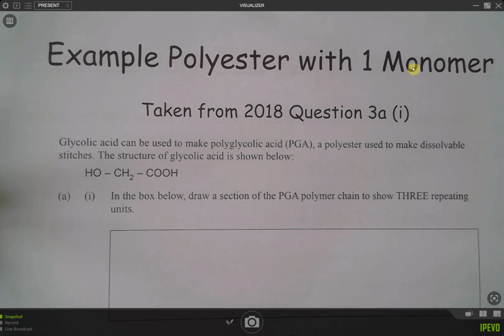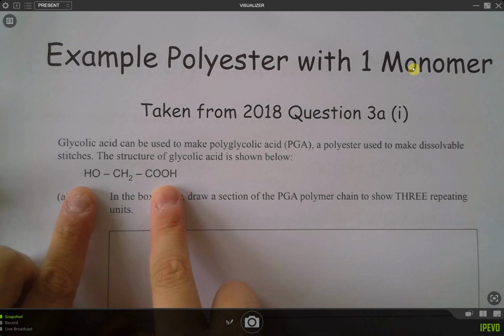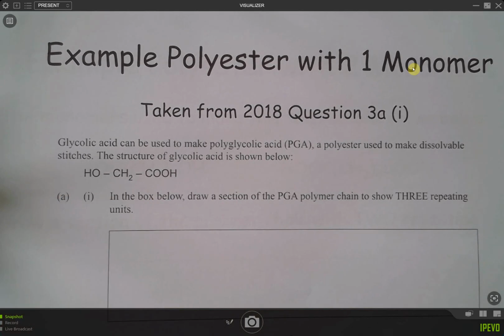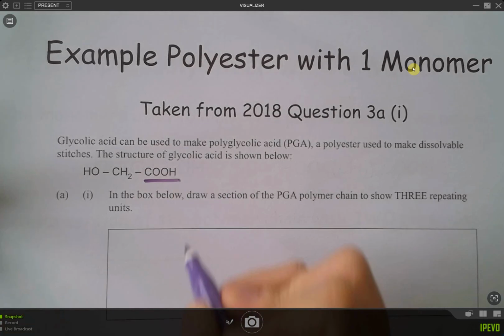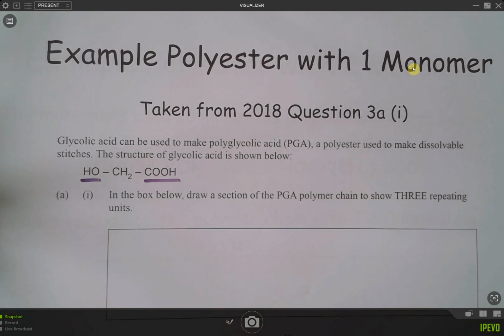All right. So in this case, when we look at this monomer, we notice that there isn't the alkene present. So there's not that double bond that's going to be broken and then going to be adding the molecule. So instead, I have two functional groups. I have the carboxylic acid component and I have the alcohol component. So what's going to happen is we are going to remove items from that molecule to start linking it together.